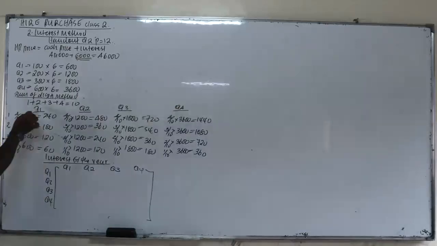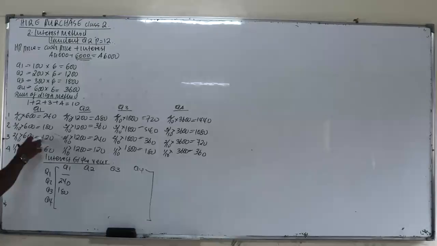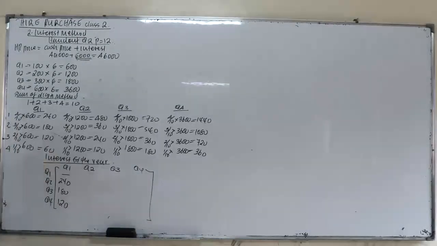The first installment will be 240, second installment 180, third installment 120. Then the fourth one will be received from the first quarter of the coming year. That will not be recognized during this year.